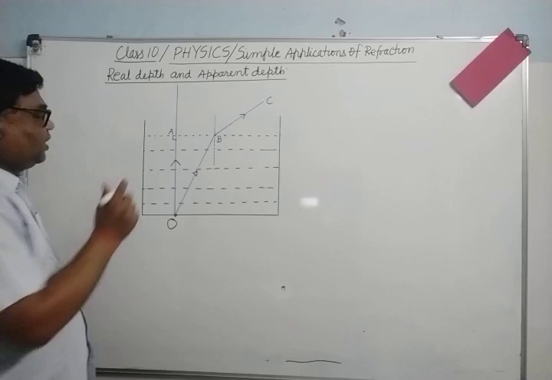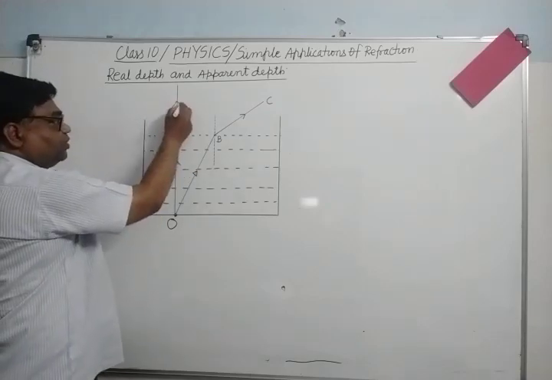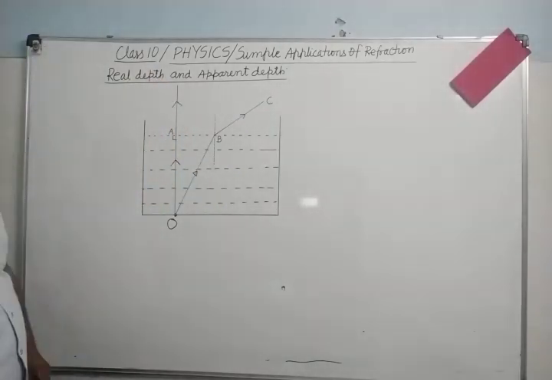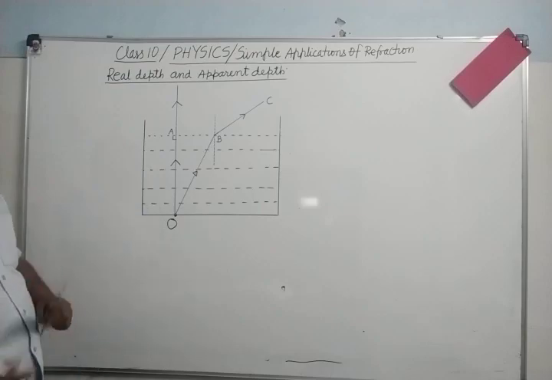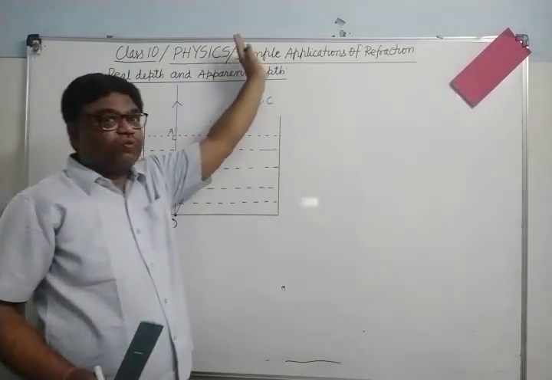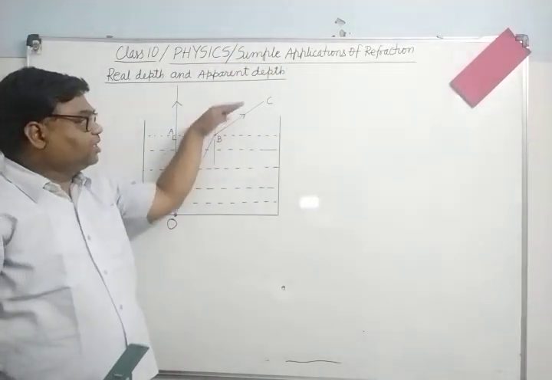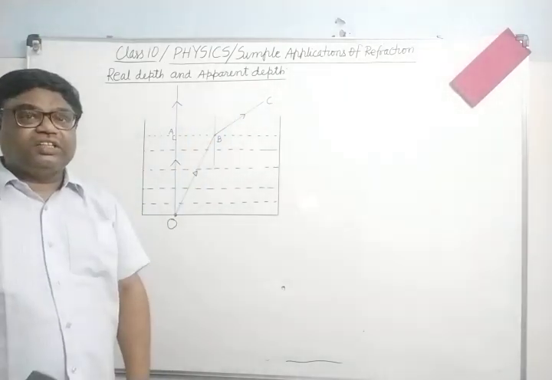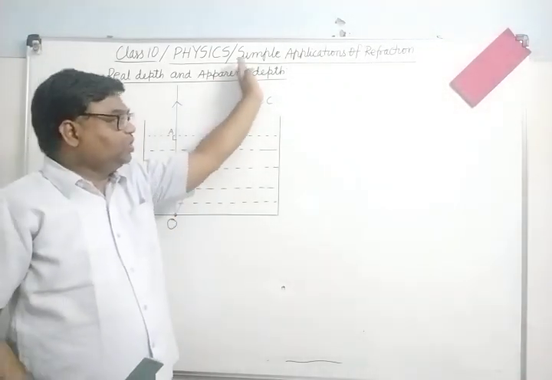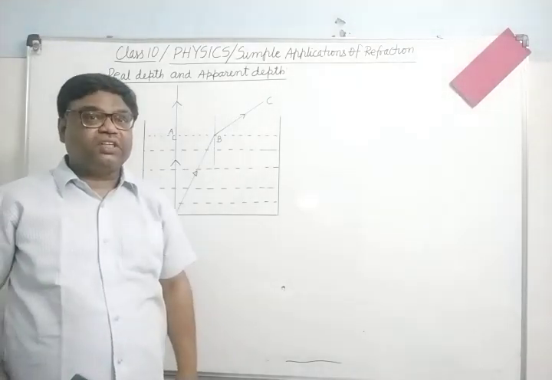Now one refracted ray is this and the other ray which has gone without deviation is this. When you proceed in the forward direction, they will not meet because their separation is increasing.